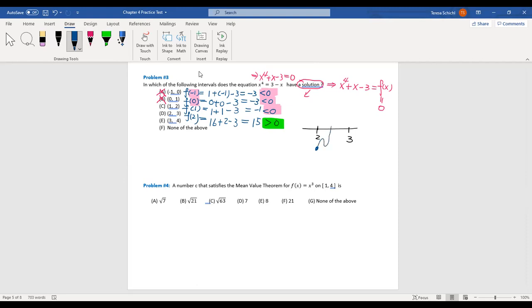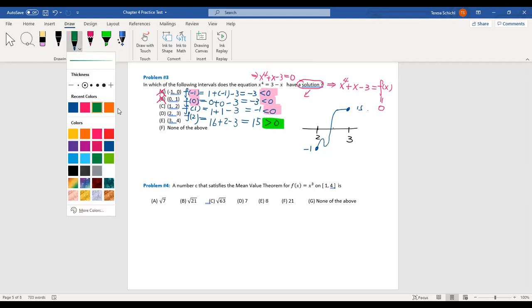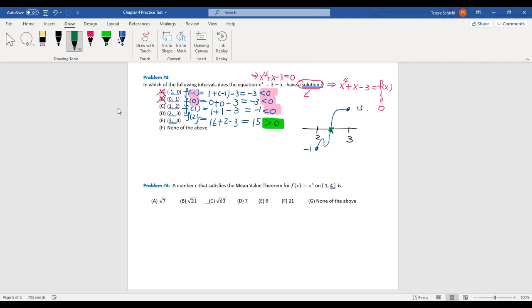I don't know exactly what it's going to do, but when it comes to 2, it reaches the value of 15. So you travel from a negative value to a positive value because this is continuous and differentiable. So it has to pass through the x-axis, that means y equals 0. So this will be the solution. So I can guarantee from 1 to 2, this is going to have a solution.